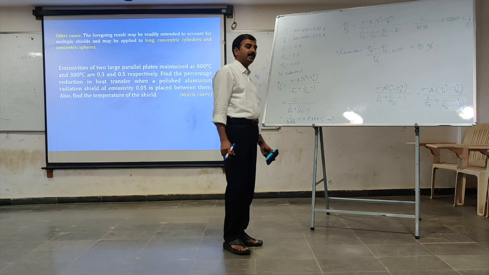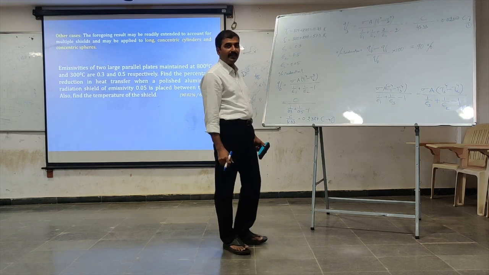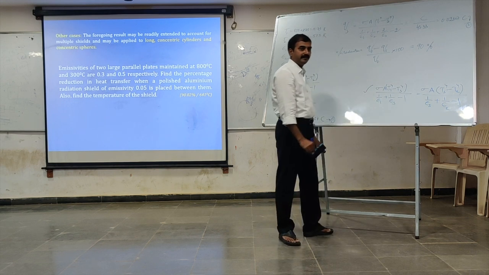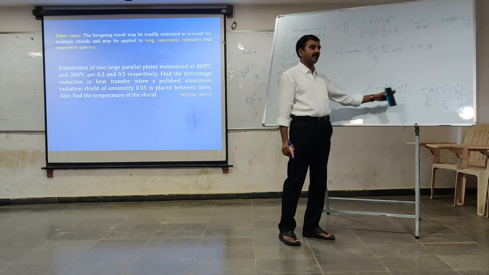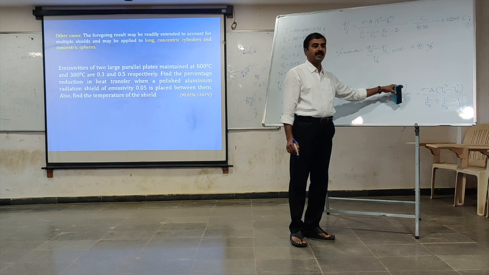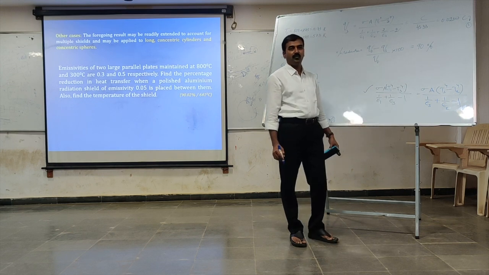Find the temperature of the sheet. You need to find Ts. So you have the equation here. Since Q1s is equal to Qs2, write this equation. In this entire equation, the only unknown is Ts to the power of 4.